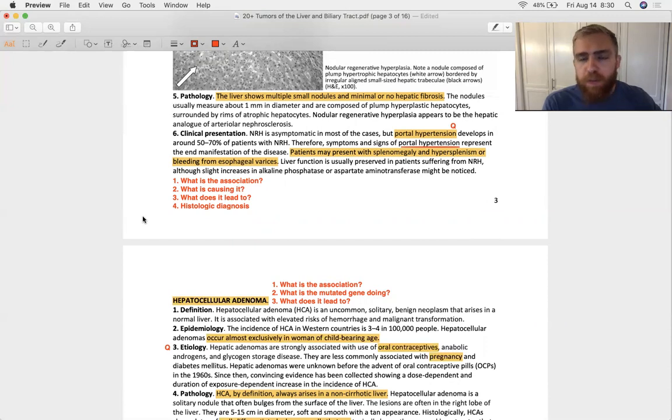So you might get splenomegaly as a side effect of portal hypertension, because the splenic vein drains into the portal circulation. And so if there's a backup, then your spleen is going to be one of the first things to experience a high hydrostatic load. And also bleeding from varices.